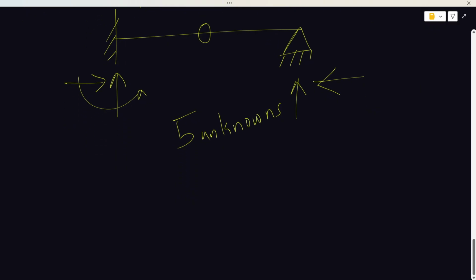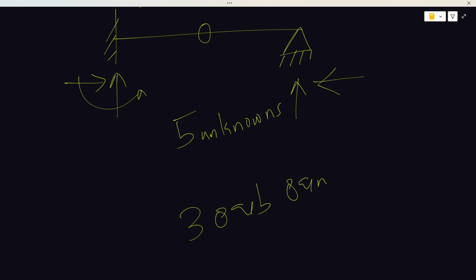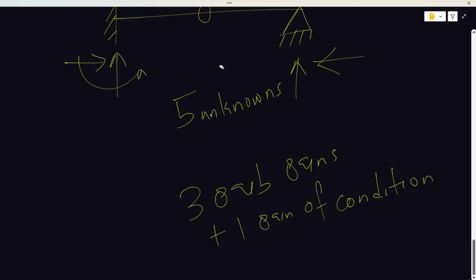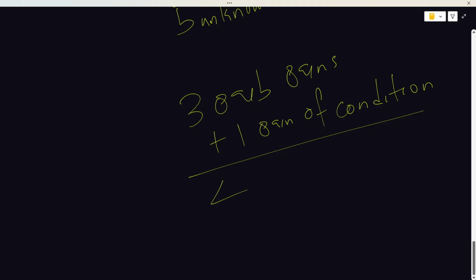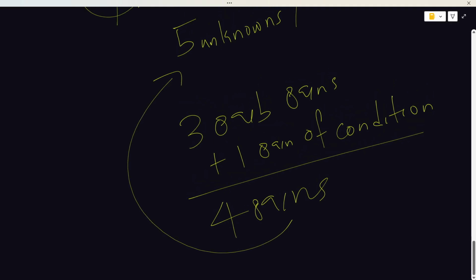However, we have how many equations? 3 equilibrium equations plus one equation of condition, or construction. They call it either equation of condition or equation of construction. So it means that we have 4 equations to combat these 5 unknowns.